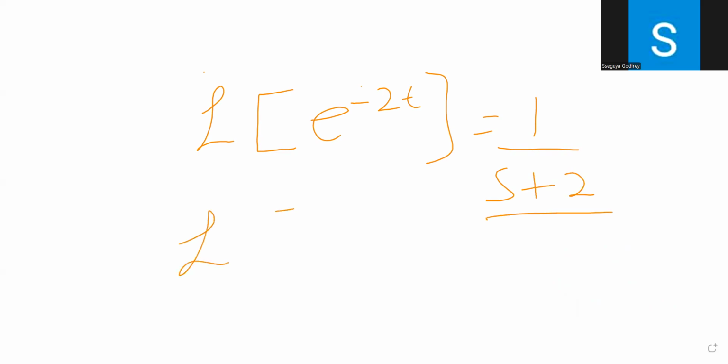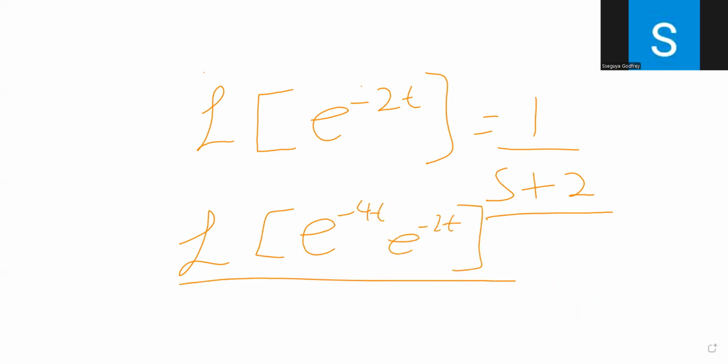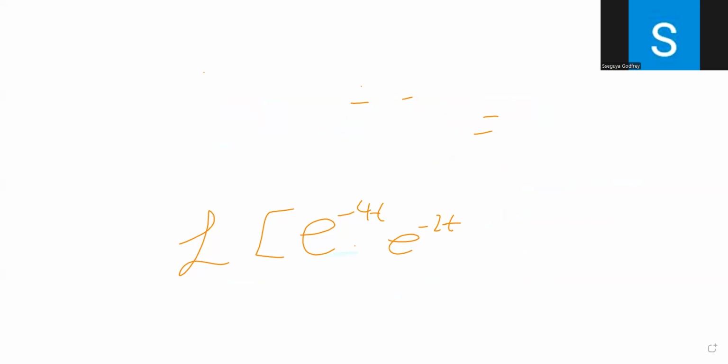What about L of e^(-4t) times e^(-2t)? This is done as the first one, by multiplying using the law of indices. And now, I think that I've explained enough on exponential analysis using Laplace transform.